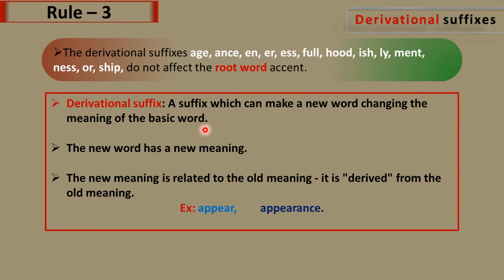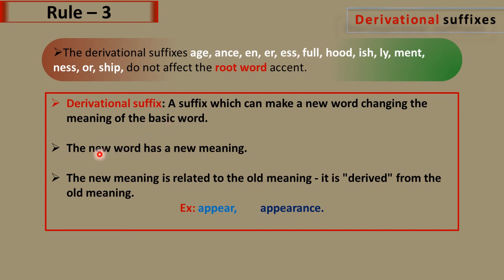An inflectional suffix is a suffix which can make a new word but without changing the meaning of the basic word. But a derivational suffix is entirely different from an inflectional suffix. Why? Because this suffix can make a new word just like an inflectional suffix, but here it changes the meaning of the basic word.